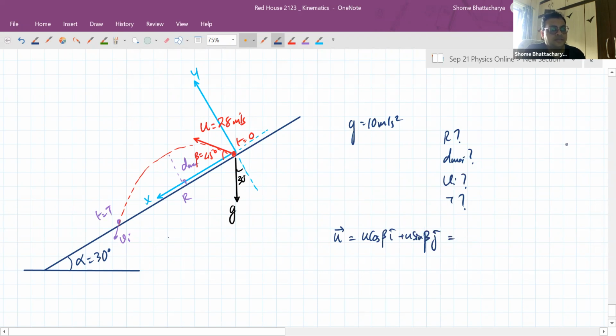So 28 by root 2, so you can write that as 20.